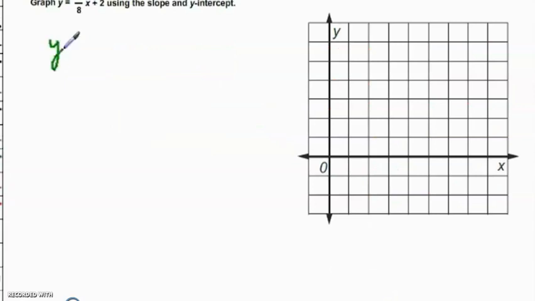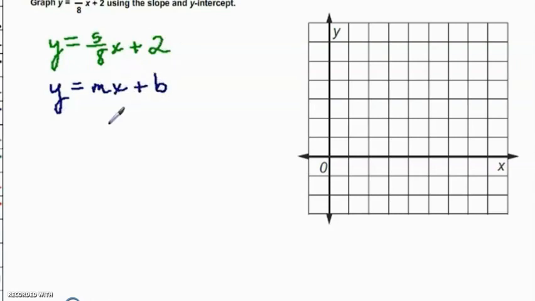This time we are going to graph y equals 5/8 x plus 2. We're going to do that using the slope and the y-intercept. So we know our slope-intercept form is y equals mx plus b, and we can clearly see that 5/8 is our slope.